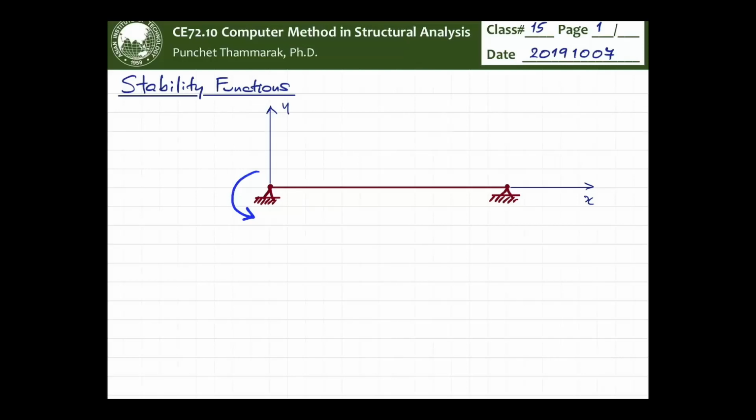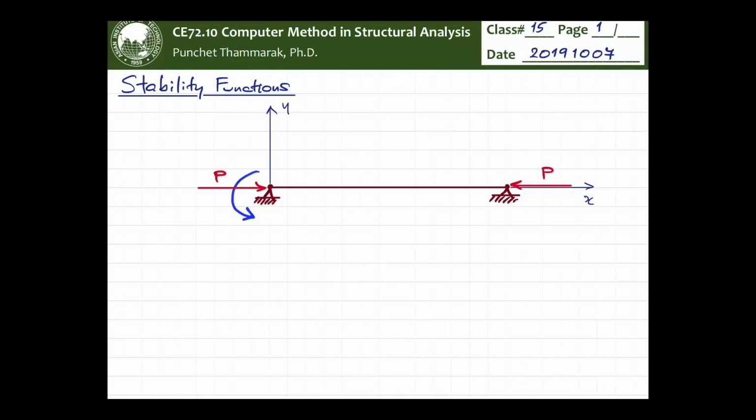and don't forget that this beam is subjected to the axial compression. We can look at the axial tension cases later. So the axial compression, the magnitude of the force is equal to P, right?